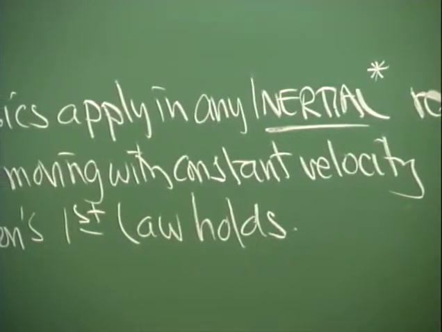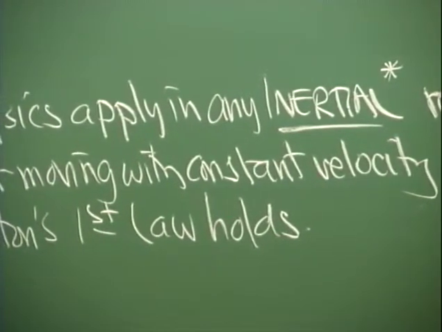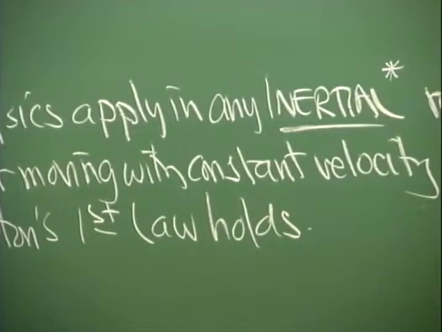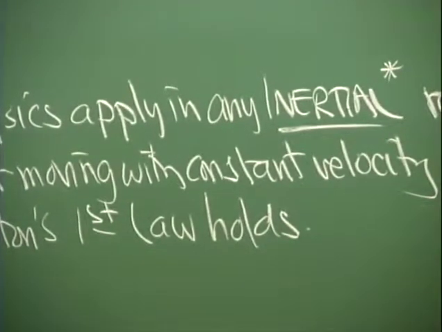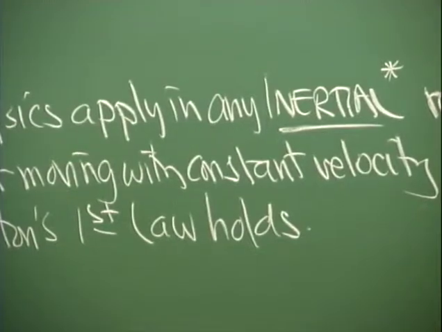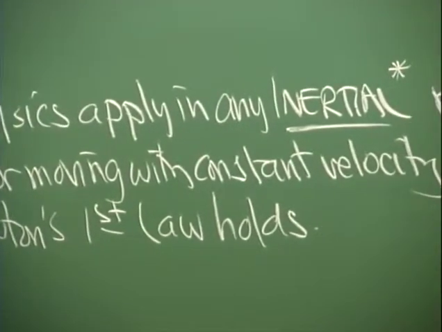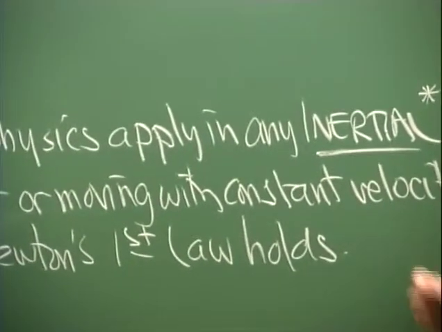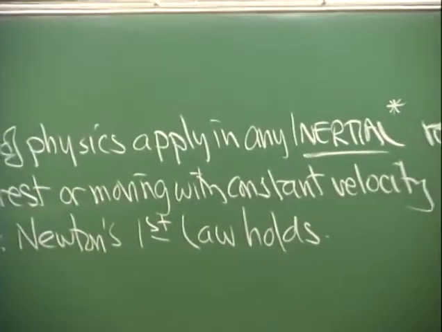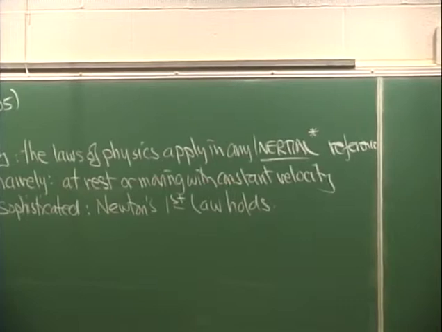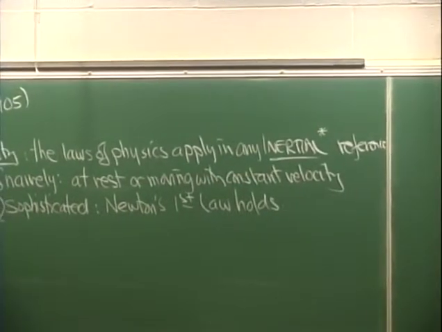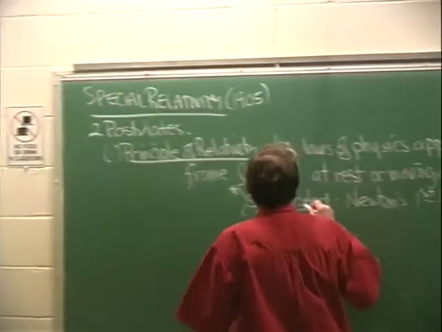So if you're out in outer space and you want to know, am I in an inertial reference frame? You throw a bunch of ping pong balls around, and if they go in straight lines with constant speed, then you conclude, well, probably I'm in an inertial reference frame. And then any frame moving with constant velocity with respect to that is also going to be an inertial reference frame, but I never had to tell you anything about a frame at rest. So that's the more sophisticated definition.